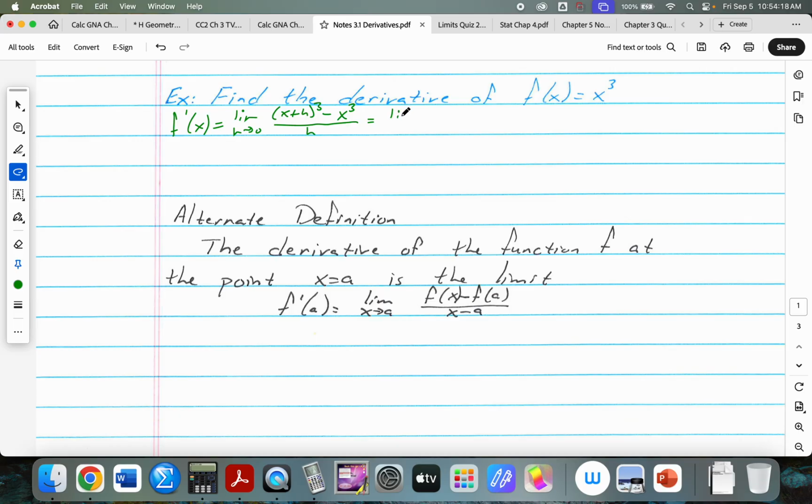So this will be the limit as h goes to 0 of, when we cube x plus h, we get x cubed plus 3x squared h plus 3xh squared plus h cubed, and then we have minus x cubed from before, all over h.